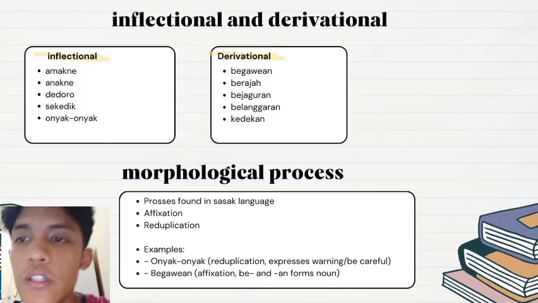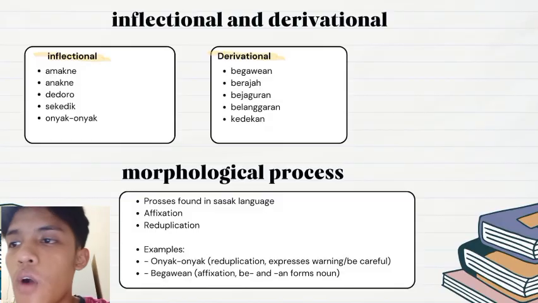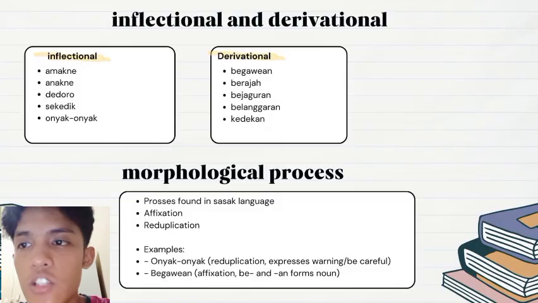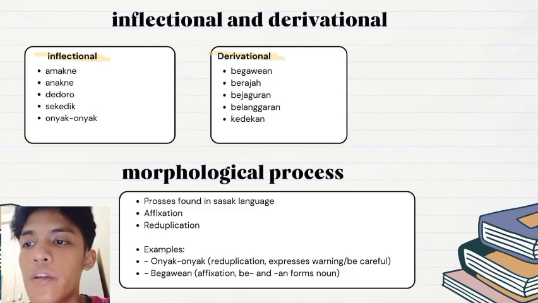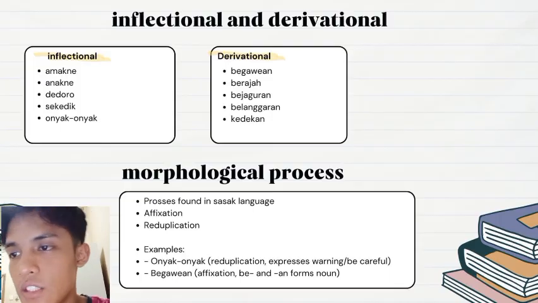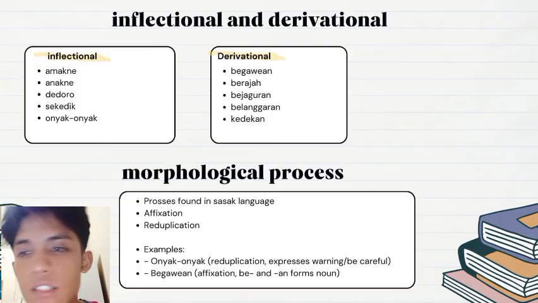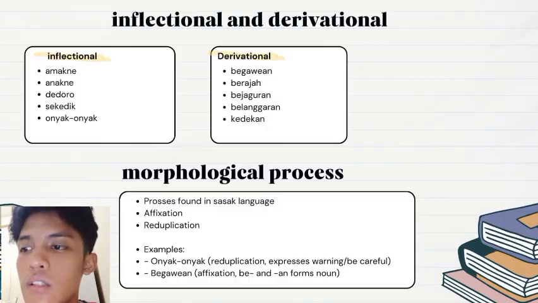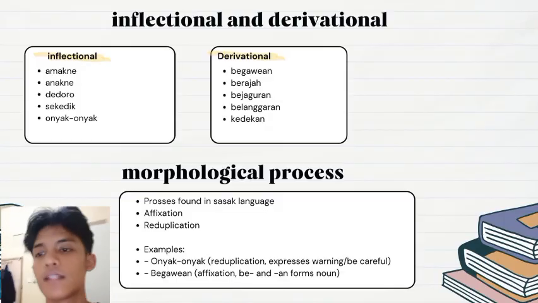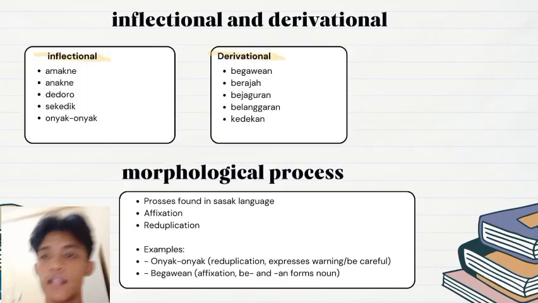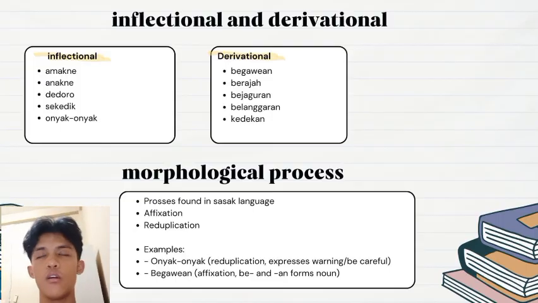We use a basic grammatical function. Other examples show how inflection can mark different aspects. For the words Dedoro and Sakadi, the bound affixes are attached to the free base word to indicate nuance of quantity. The last is Onya Onya, which reduplicates the word to create a meaningful word that doesn't change the word class, but is usually used by Sasak people.